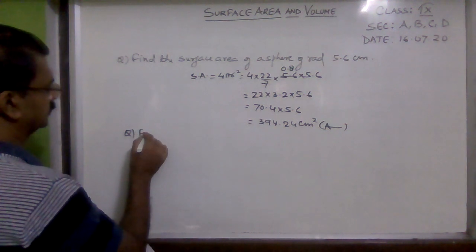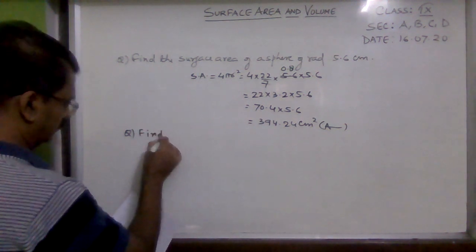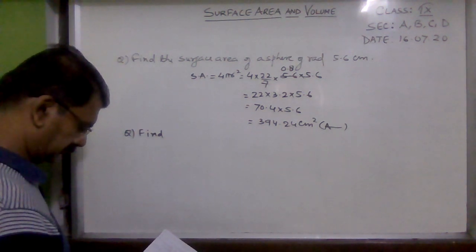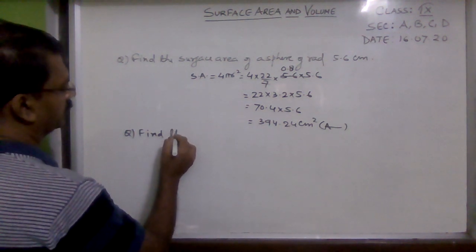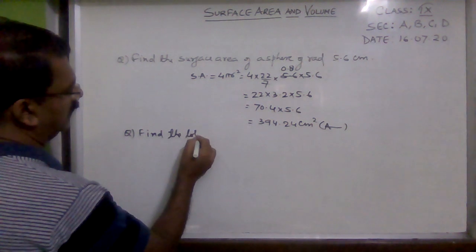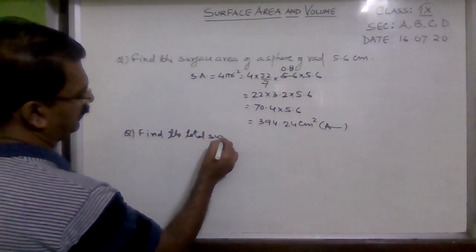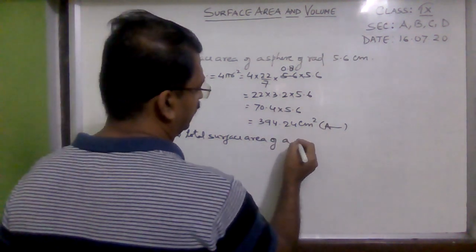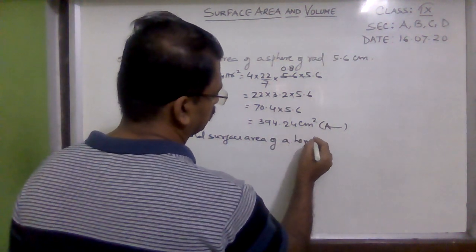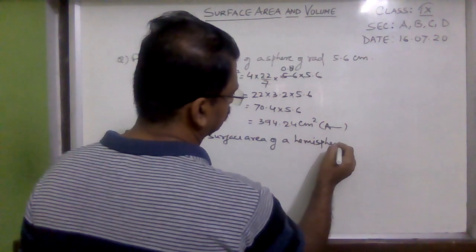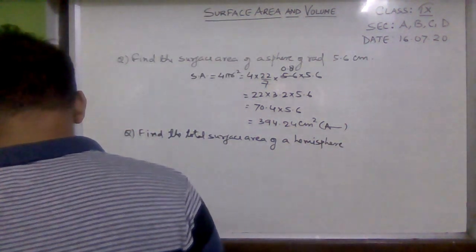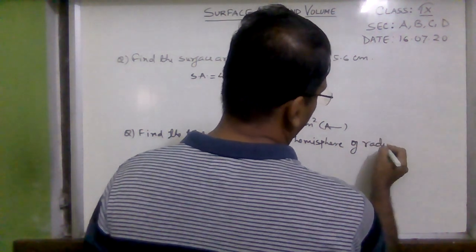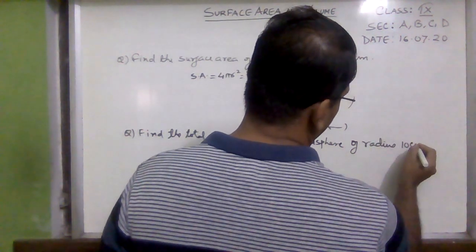Find the total surface area of a hemisphere of radius 10 centimeter.